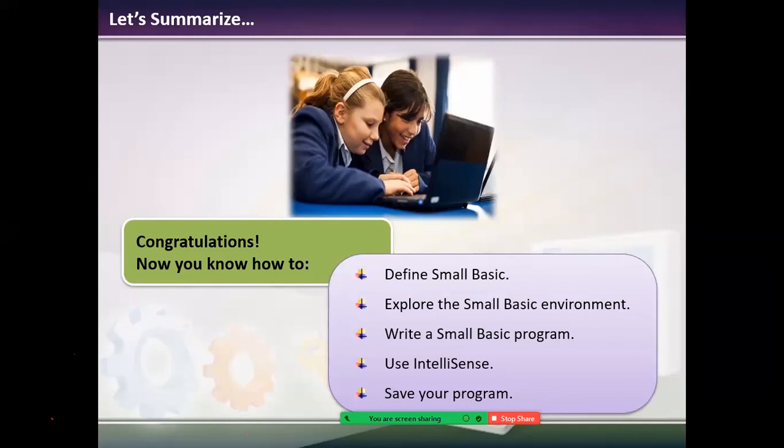And there is another part shown at the bottom when we are running a program. That part is for showing errors. So how to write a small basic program, how to use IntelliSense, and how to save your program. Now you know all these things.